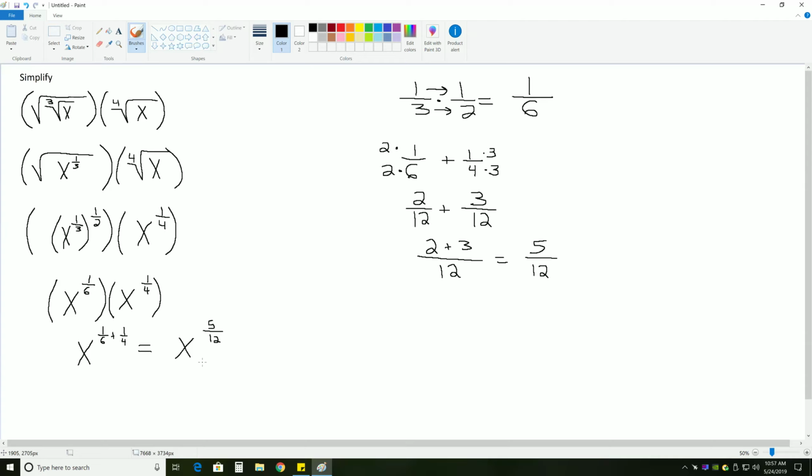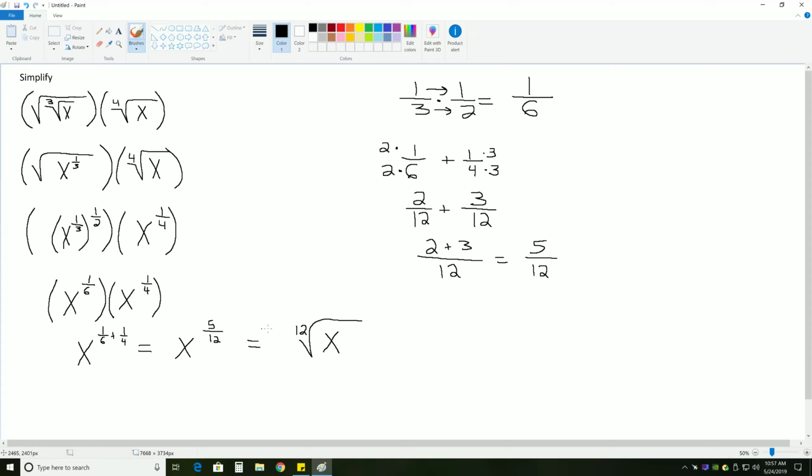And from here, we're just going to change this back to radical form since the problem did not start with a rational exponent. It started with radicals. So remember, the denominator is your radical index, meaning that 12 is going to go out here, and we're going to get x to the numerator's exponent.